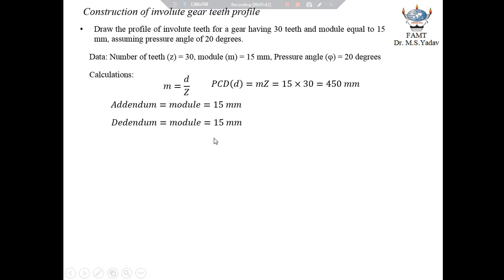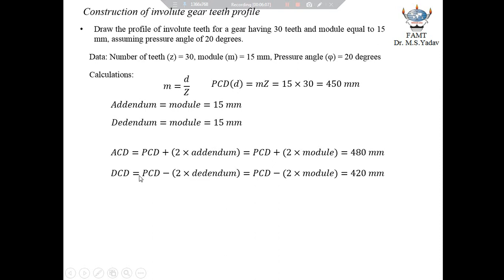So addendum circle diameter, that is ACD, will be equal to PCD plus 2 times the addendum. Since addendum is equal to module, the same formula will be written as ACD equal to PCD plus 2 times module, and the value will be 480.